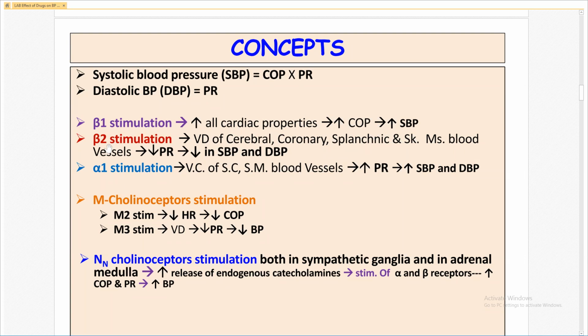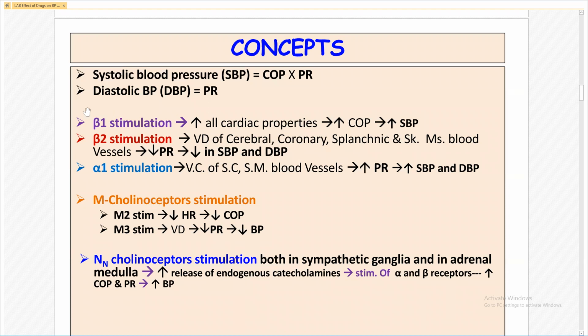If there is a stimulation of the beta 2 receptor, there is vasodilation of cerebral, coronary, splanchnic and skeletal muscle blood vessels, resulting in decrease in peripheral resistance, and decrease in peripheral resistance means decrease in systolic and diastolic blood pressure.